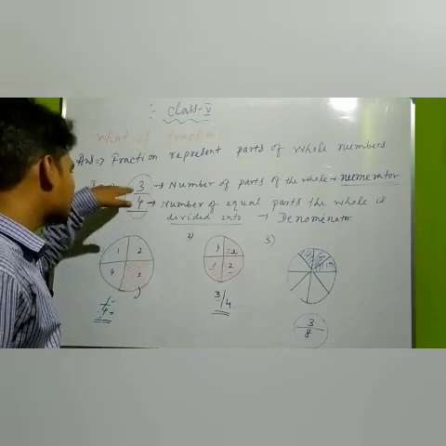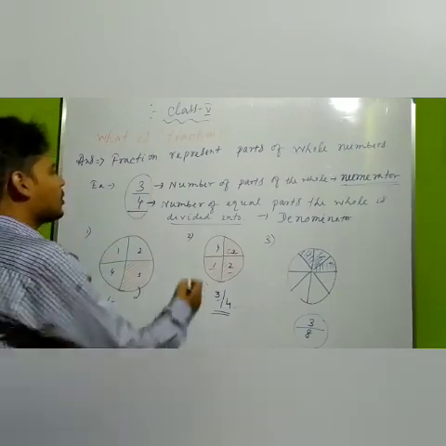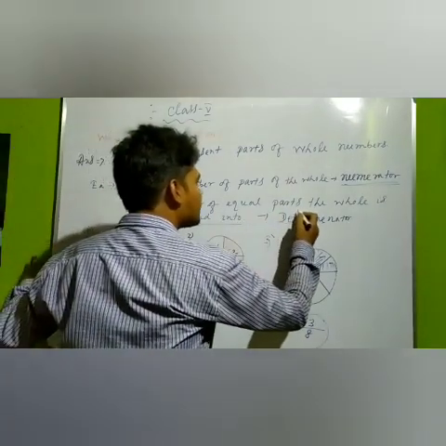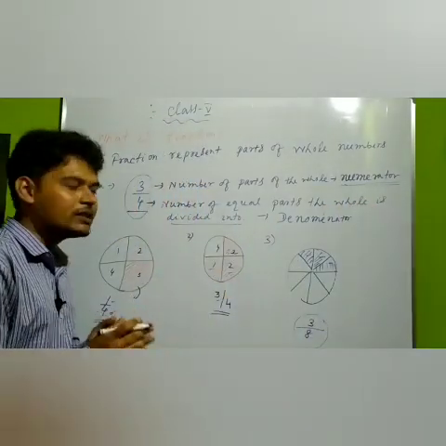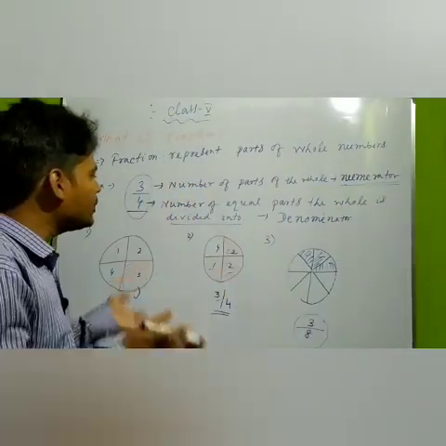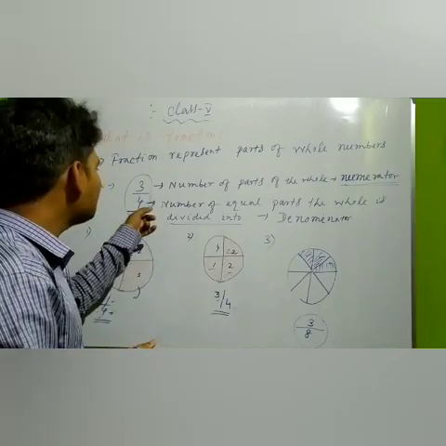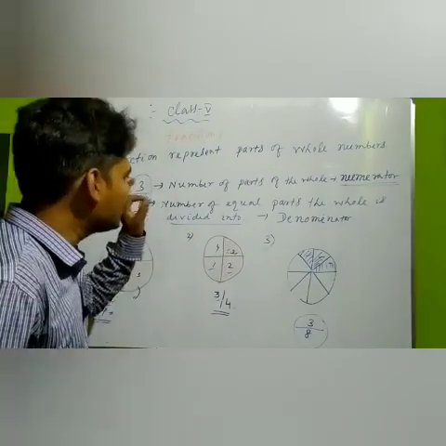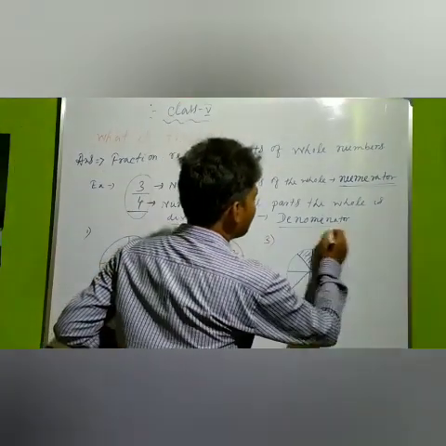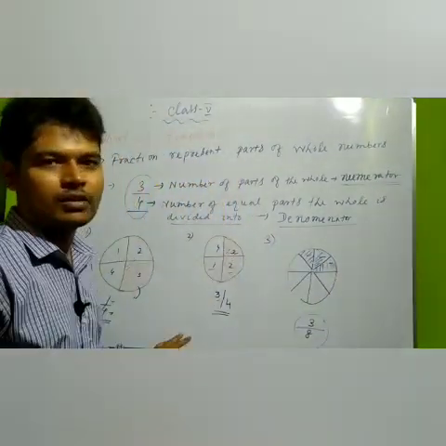And the 4, the lower portion number, is called the number of equal parts the whole is divided into. That means in how many parts we divide the whole, this number represents this quantity, okay, understood? And this is also called the denominator.